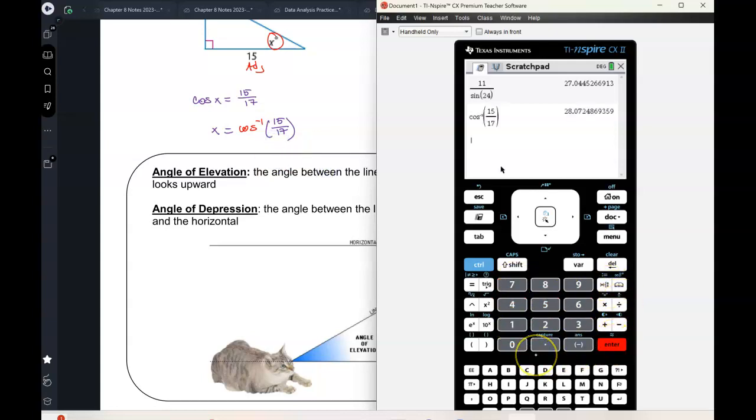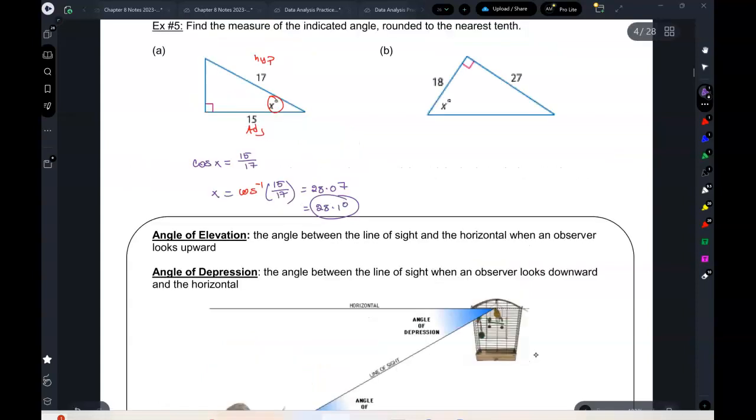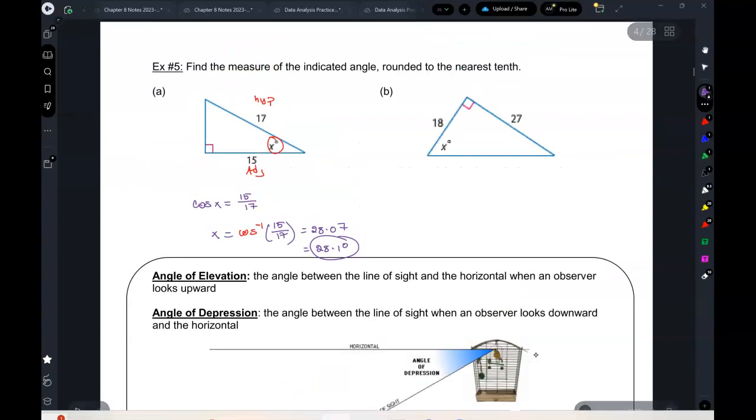So we get 28.07. It says to round to the nearest 1/10, so it's 28.1 degrees. Okay? It's nice too, so you don't get it mixed up with any other unit.